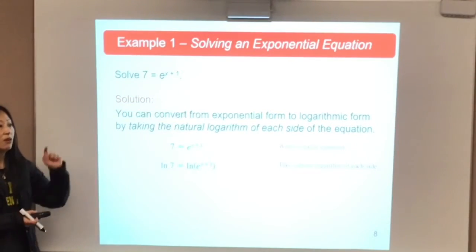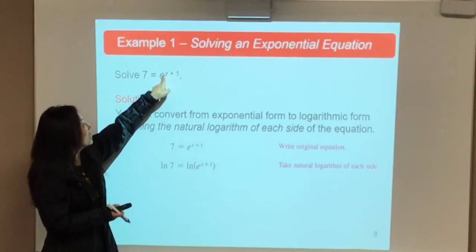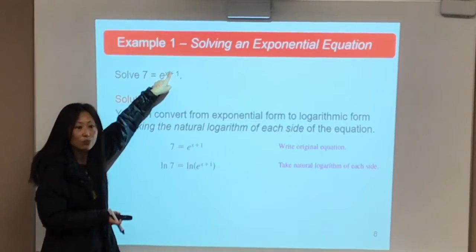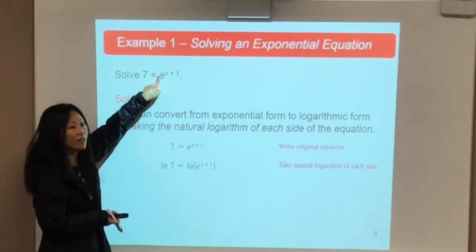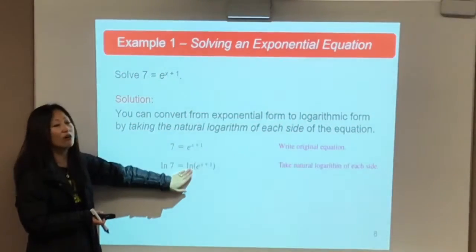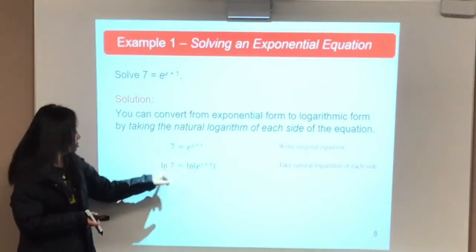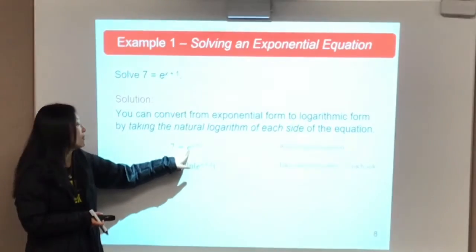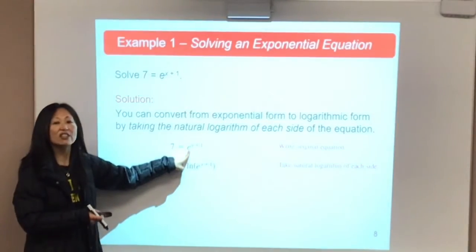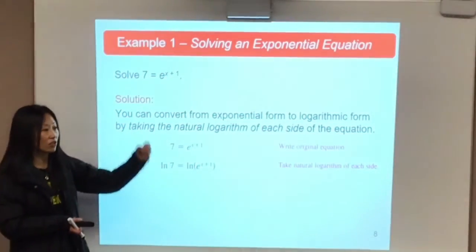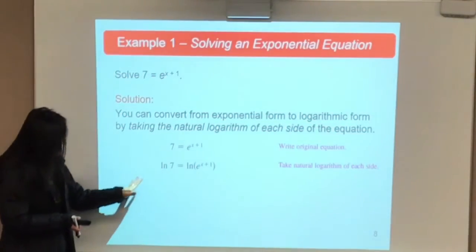Whenever you see x in the exponent, you cannot solve it unless you bring it down to the front as a coefficient. So you have to use natural log or log. I choose natural log because you have a base e. If it's other numbers, you can use log if you want to. Log and natural log work just fine either way.